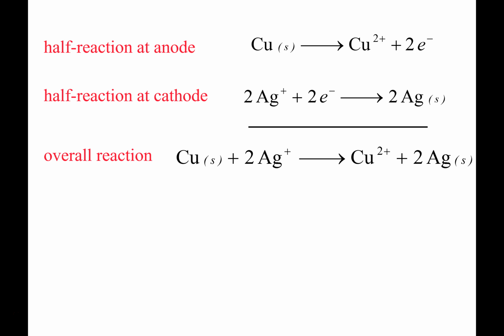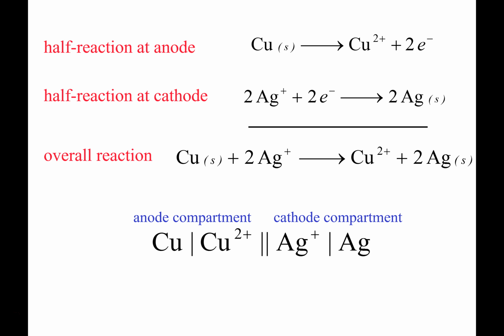So there's an important shorthand notation in summarizing these electrochemical cells, and they look like this. You read them from left to right, okay? And it's going to be the anode compartment and then the cathode compartment. So the anode compartment looks like this. Anode was oxidation. What's being oxidized?